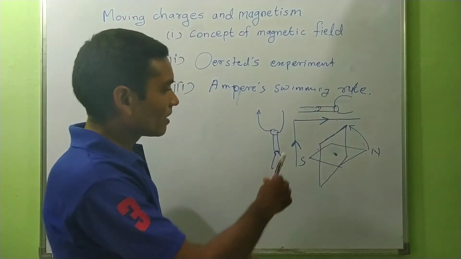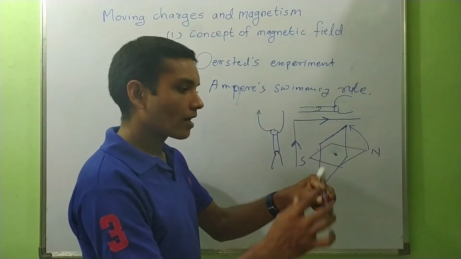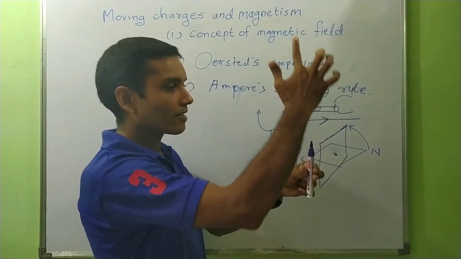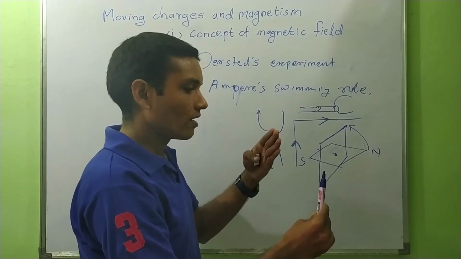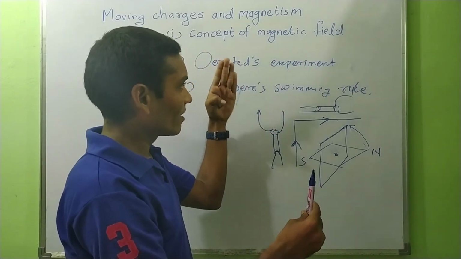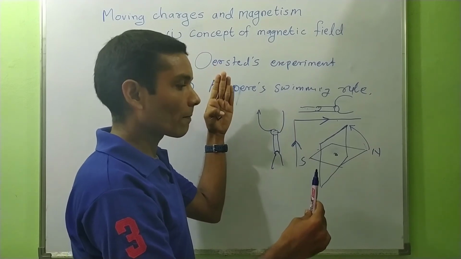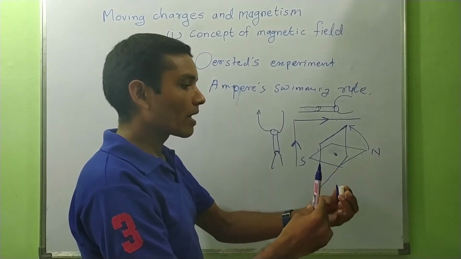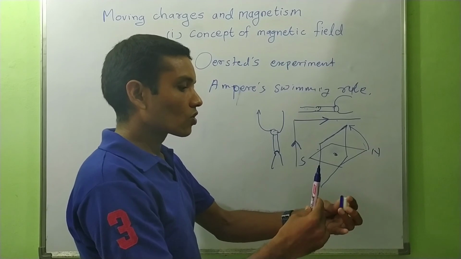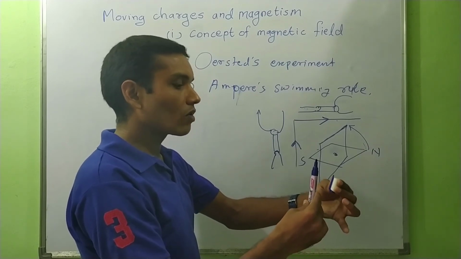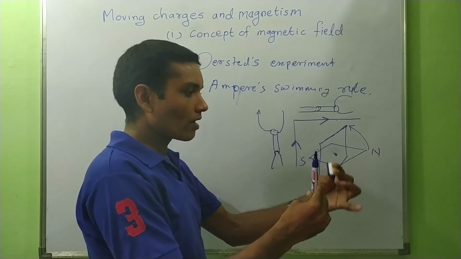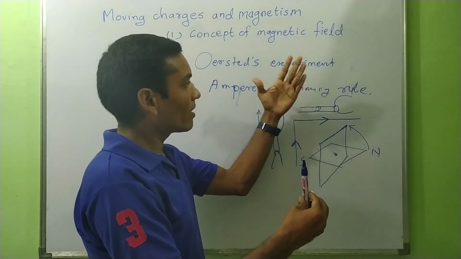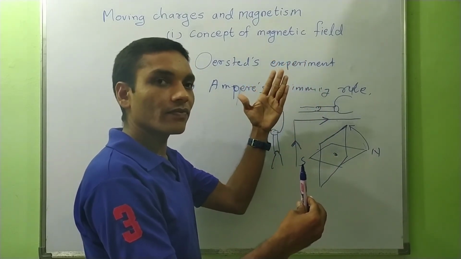So this is the conductor and the current is flowing along this direction, and now I am swimming and my left hand is on this side. If the magnetic needle is placed here, the deflection of the magnetic needle will be along this direction, towards my left hand side.